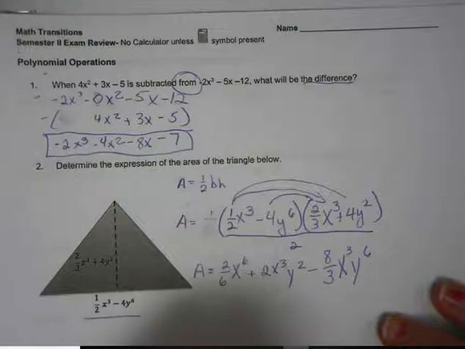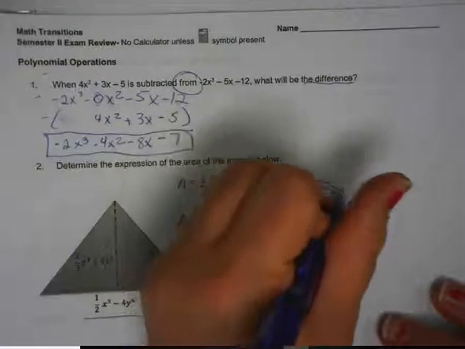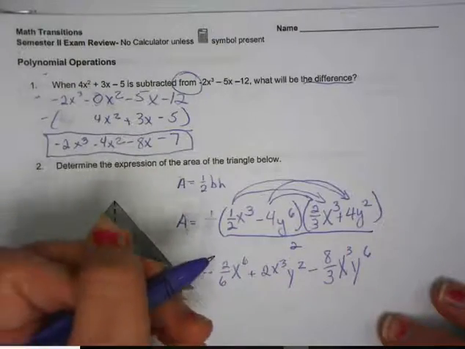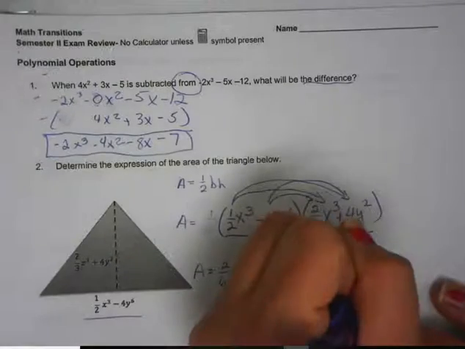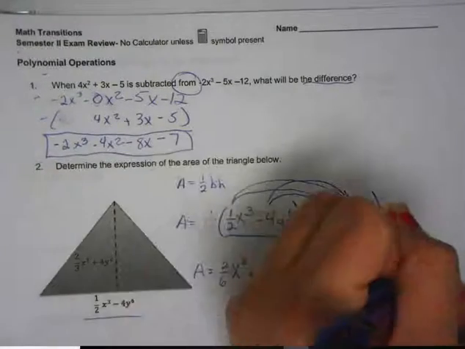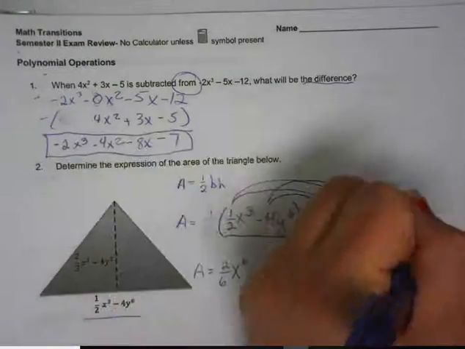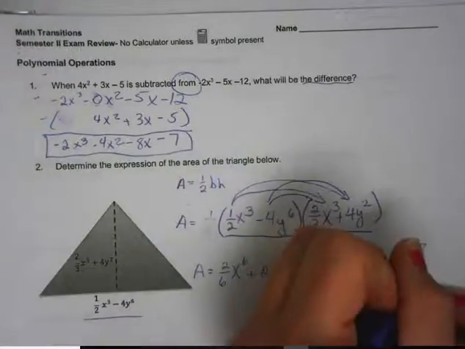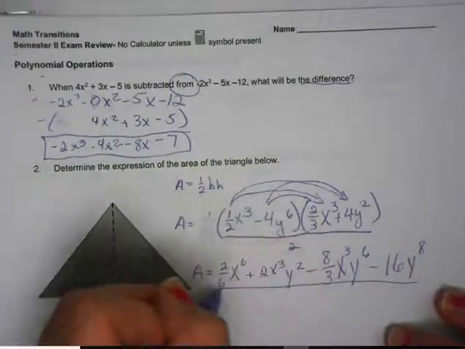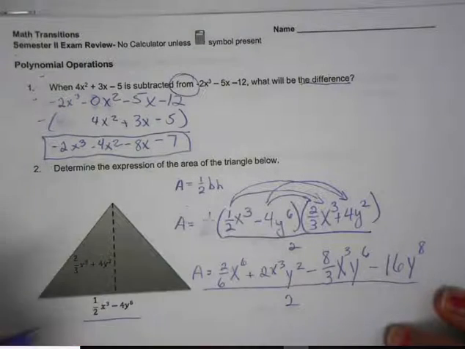And then we are going to have our last one, which is negative 4y to the 6th times 4y squared. And that's going to give me negative 16y to the 8th. And remember, when you multiply exponents, you add them together. And then we're going to divide everything by 2.